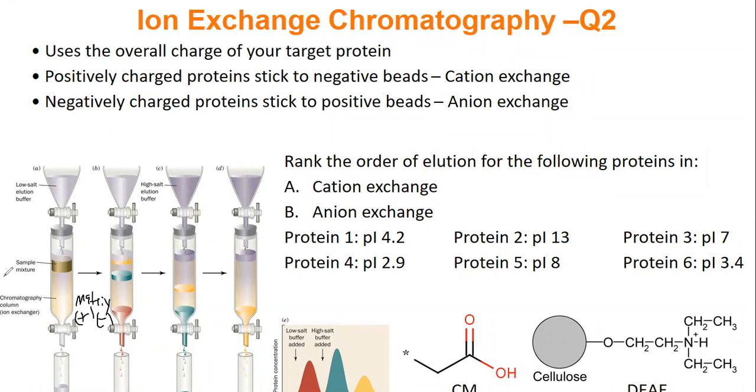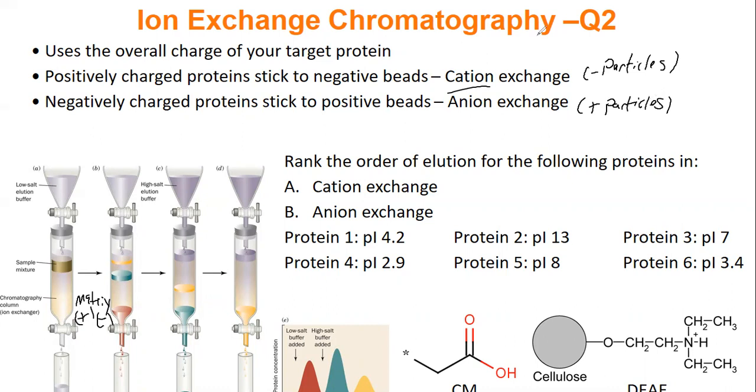If you have negatively charged particles, that's called cation exchange. So that's negative particles. And if you have positively charged particles, that's anion exchange. And if you remember, cations are positively charged molecules and anions are negatively charged molecules.